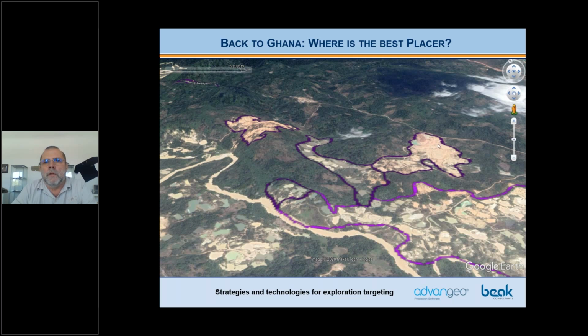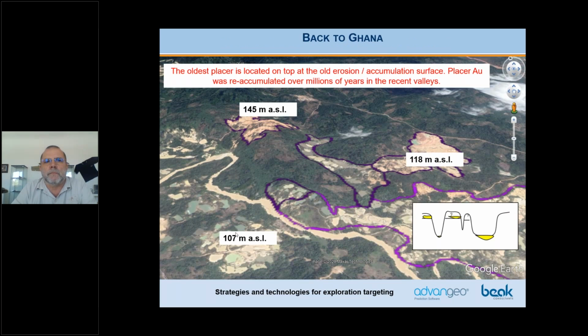And this one is located around 10 meters above the recent valleys. As we can see from their brownish color, they are with laterite, so they can be clearly distinguished from the whitish, grayish recent placers. So the oldest placer here is on top, and the youngest is in the big valleys.